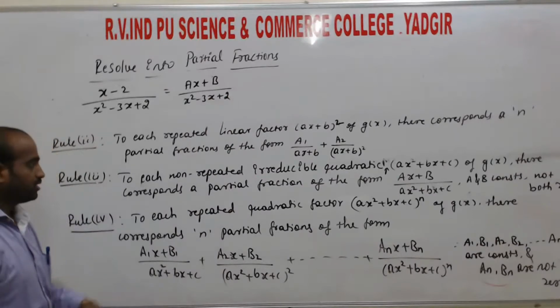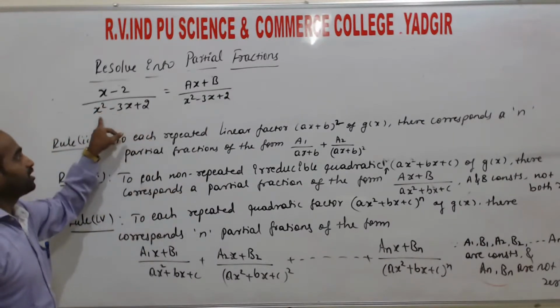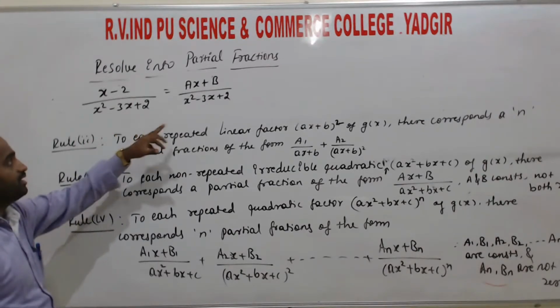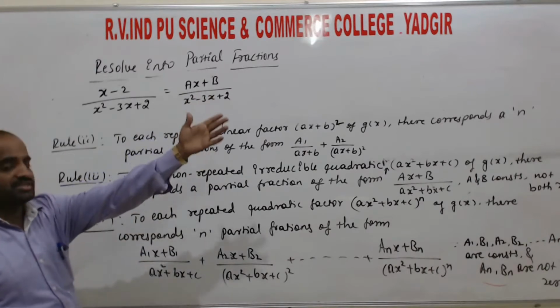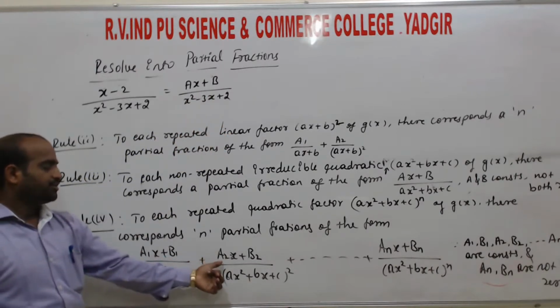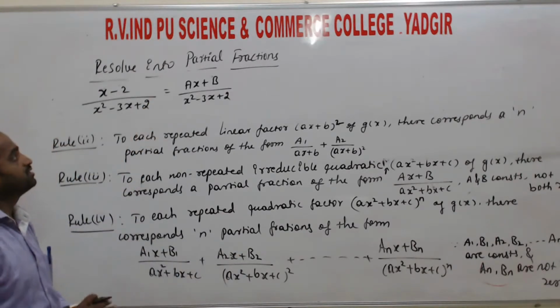For a non-repeated factor only one term is there; for 2 or 3 terms, (a1x plus b1), (a2x plus b2), and so on. This is the form.